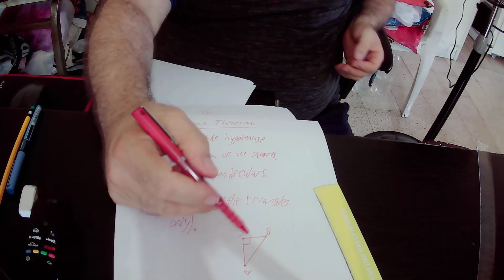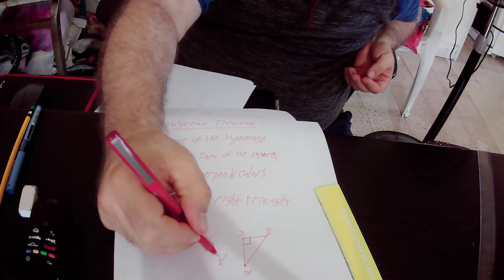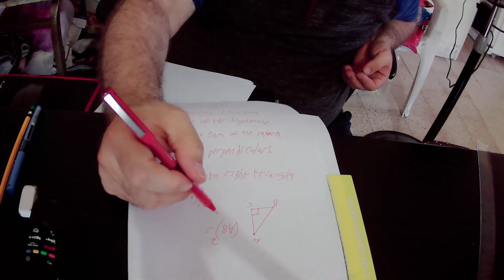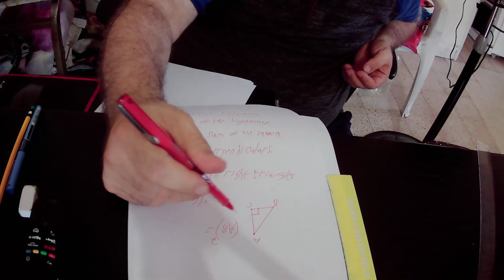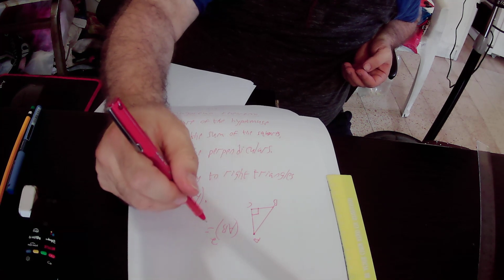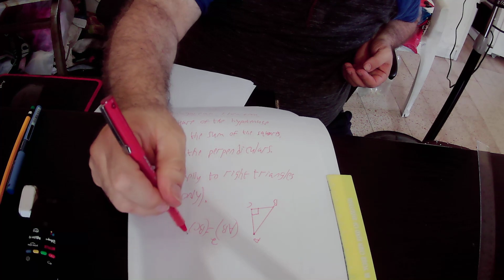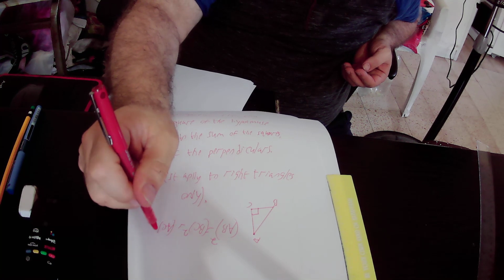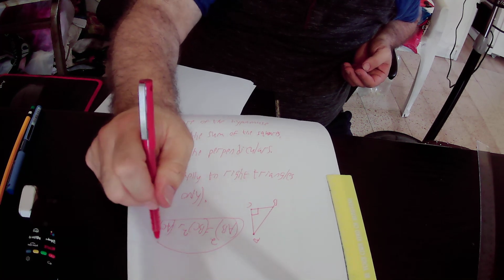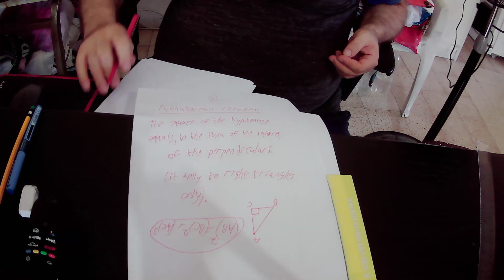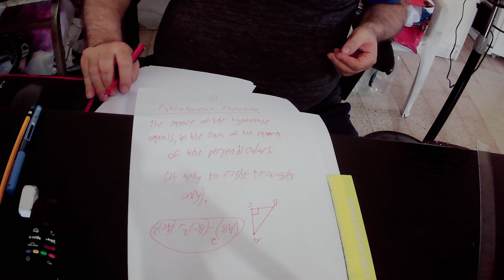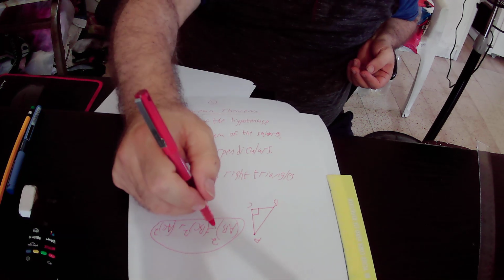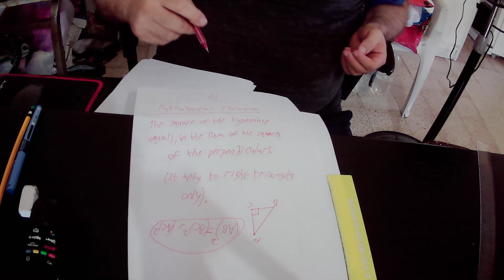The square of the hypotenuse, that is to say AB square, equals the sum of the squares of the perpendiculars.